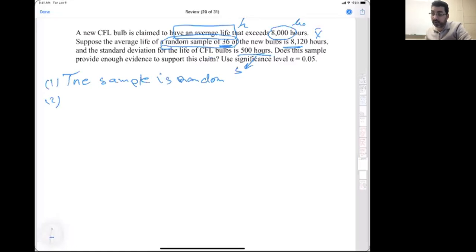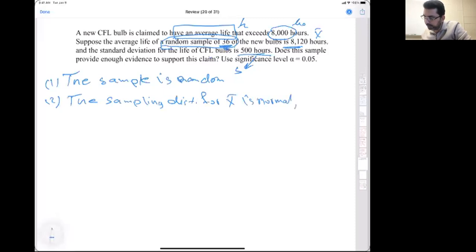I will say yes. Why? Even if you don't know the sample distribution, it doesn't mention anything here, the sample size is greater than 30 observations, so you can apply the central limit theorem. So X bar is normally distributed in this case. So we can say the sampling distribution for X bar is normal.